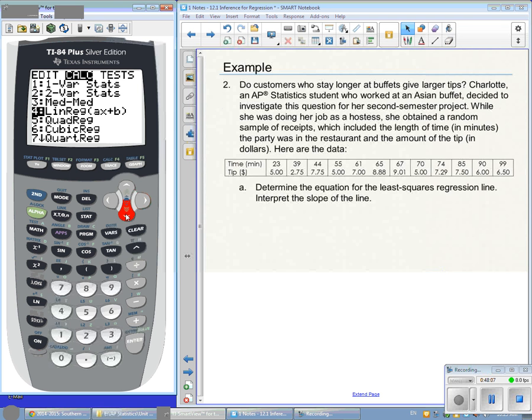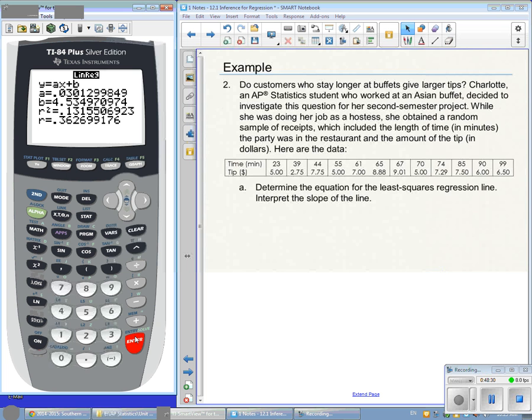Okay, so linear regression, you can use either equation you want. Just remember that the calculator will call A and B different than what our test of significance does. It asks for a frequency list, but we didn't enter in any frequency, so we're not going to worry about that. We want to store the regression equation in Y1.